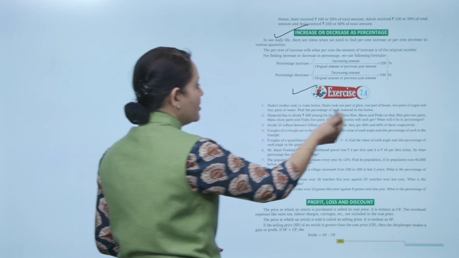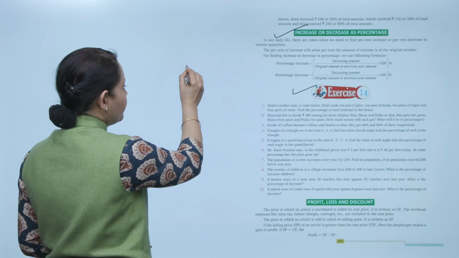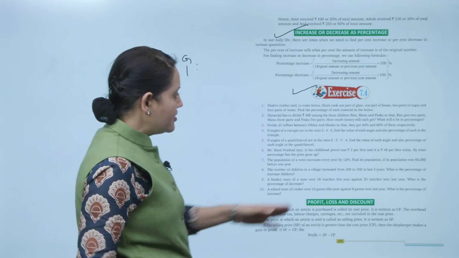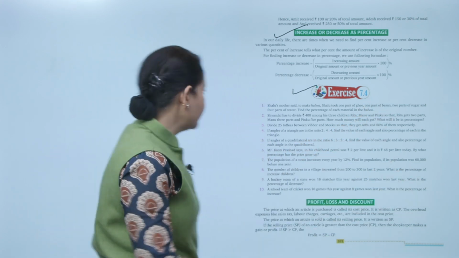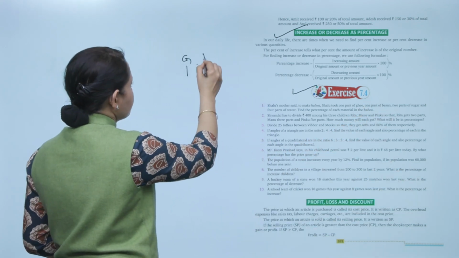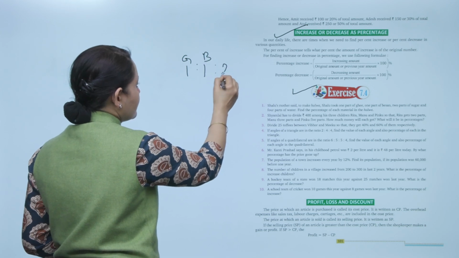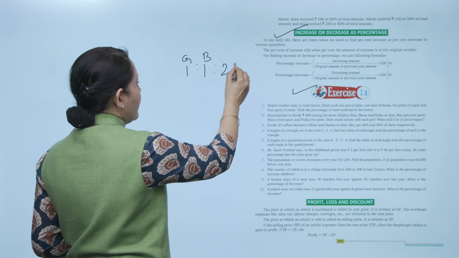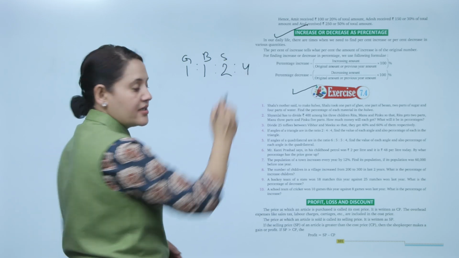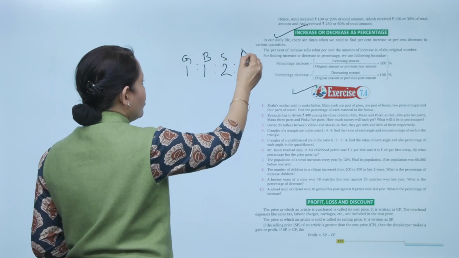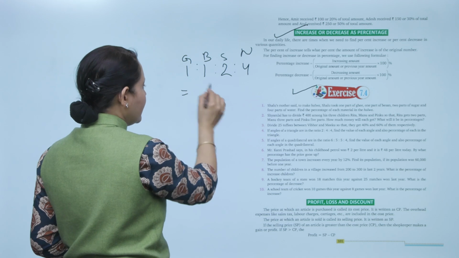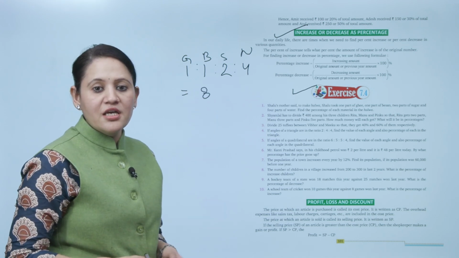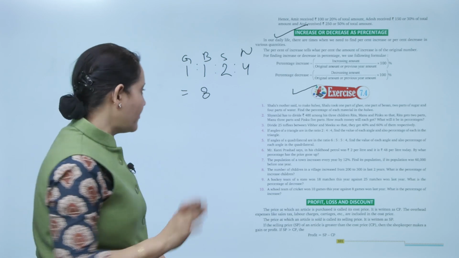So here Shalu took 1 part of ghee and 1 part is besan, 2 part of sugar and 4 part is of water. Total of the ratio will be 8.